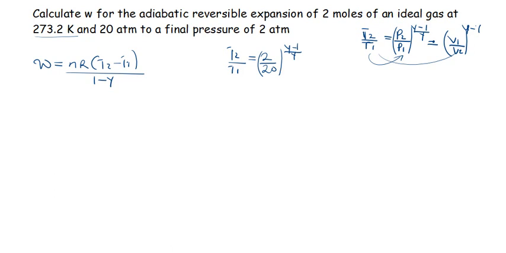Okay, I left some data. There was data which was missing, which is Cp, given as 5 over 2 R, and Cv was given as 3 over 2 R.